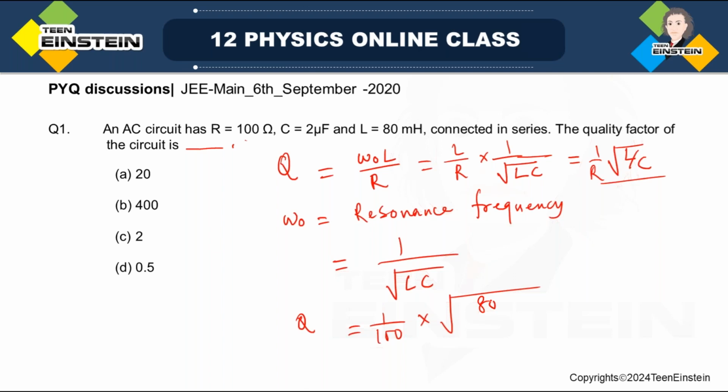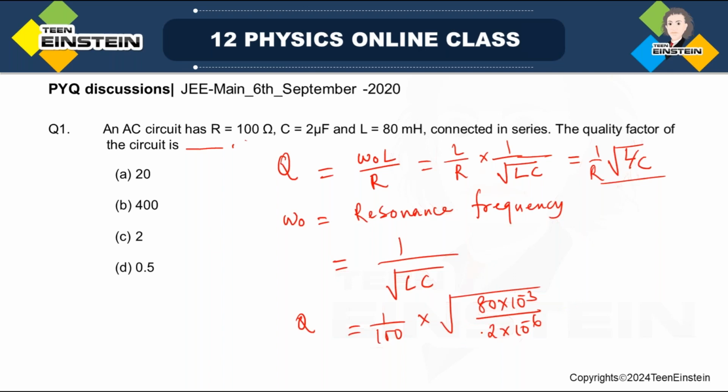L is 80 millihenry and C is 2 into 10 to the power minus 6 farad. So this will become a unitless quantity. Quality factor is a number actually.